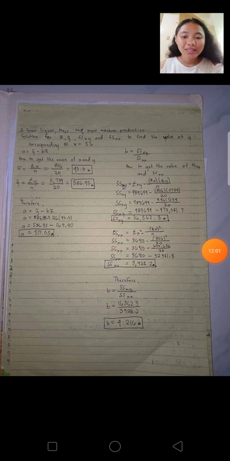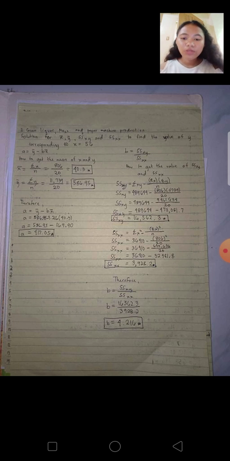So, let us continue. In finding the A, ang formula nga gihatag is A is equal to mean y minus B times mean x. So, para makita nato si mean x, balik na dito sa table para ma-find nato ang corresponding nga value.